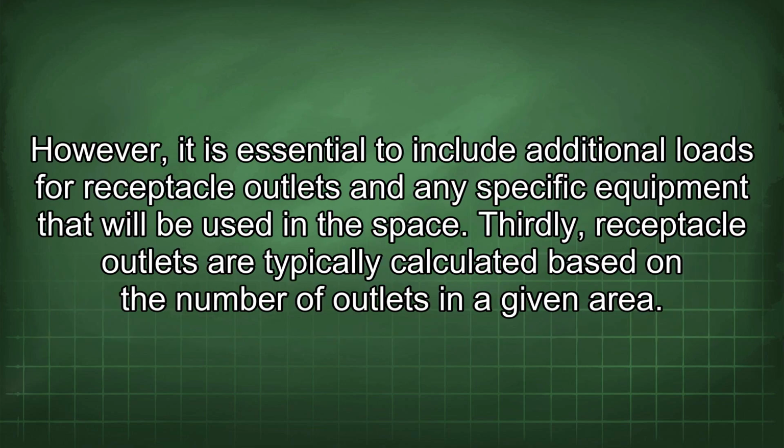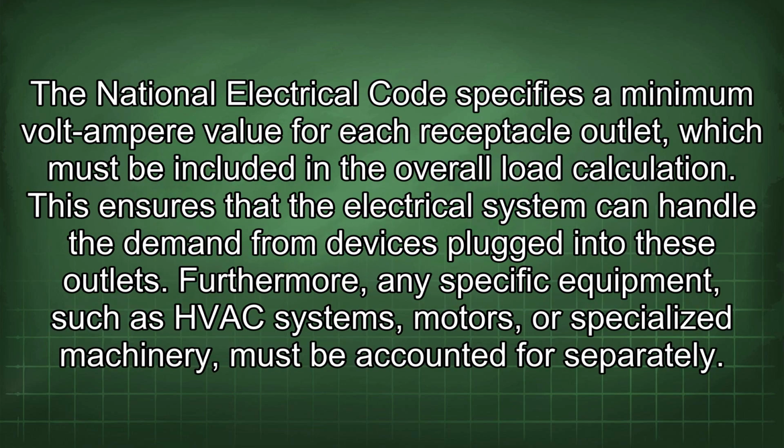However, it is essential to include additional loads for receptacle outlets and any specific equipment that will be used in the space. Thirdly, receptacle outlets are typically calculated based on the number of outlets in a given area. The National Electrical Code specifies a minimum volt-ampere value for each receptacle outlet, which must be included in the overall load calculation.